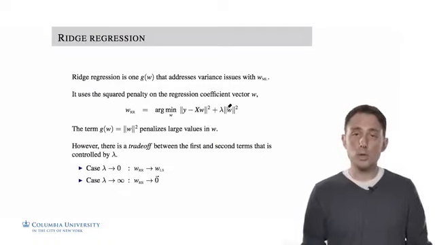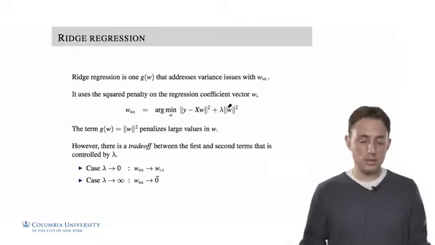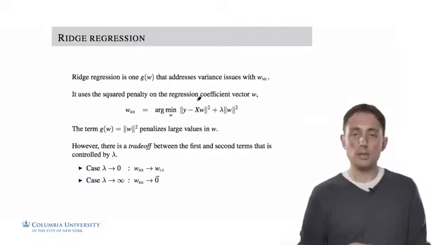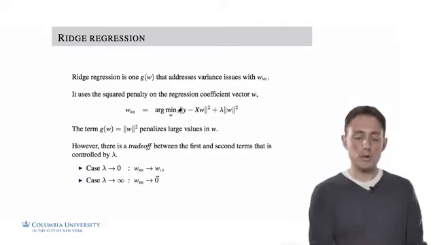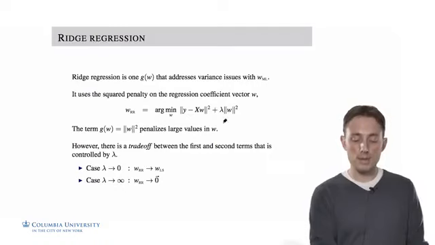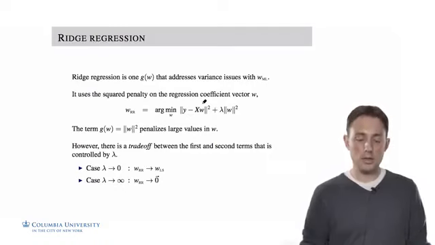So let's look at some extreme cases. When lambda decreases to 0, this second term disappears, and we're simply left with the least squares solution because we're trying to minimize the sum of squared errors. So as lambda goes to 0, the ridge regression solution goes to the least squares solution.